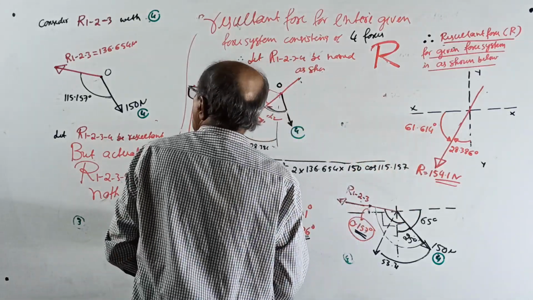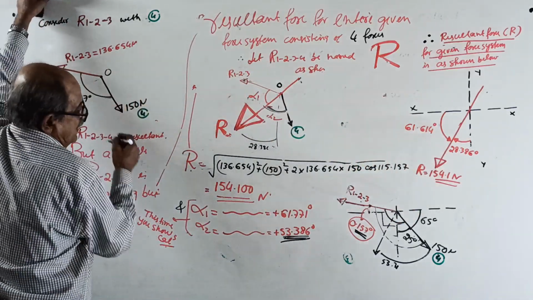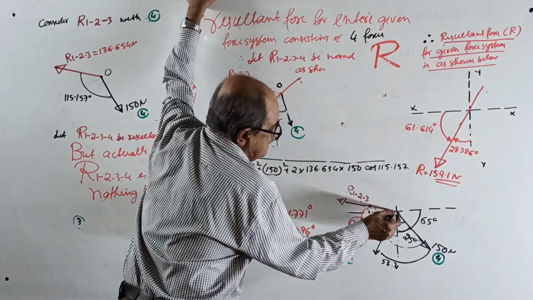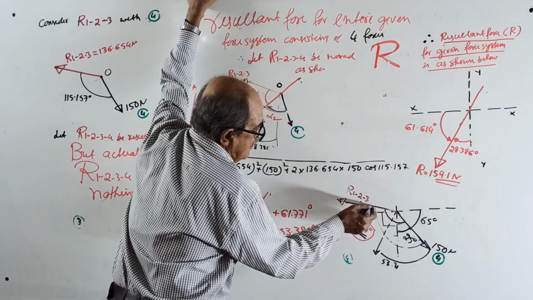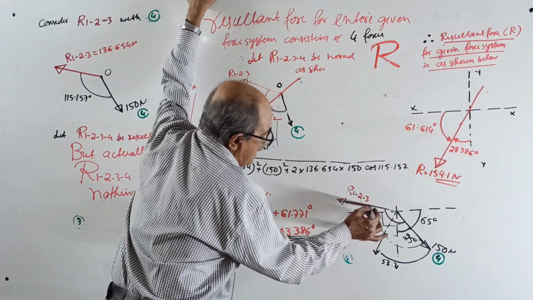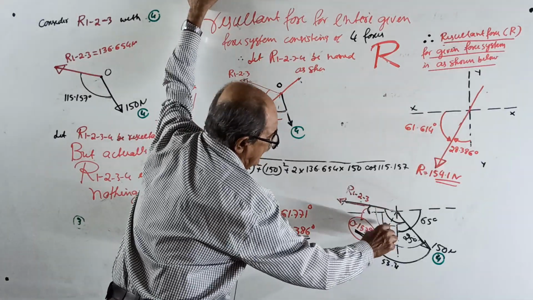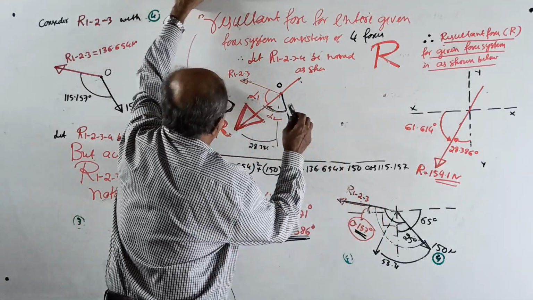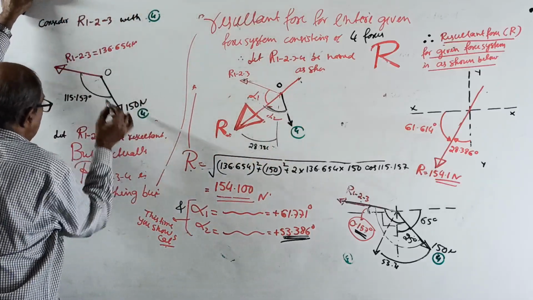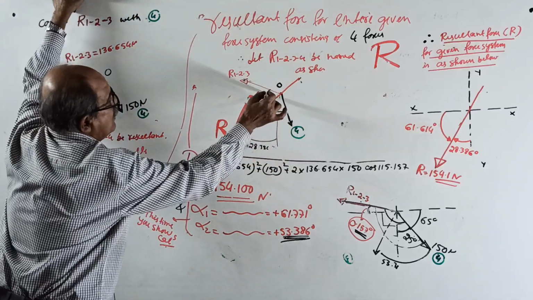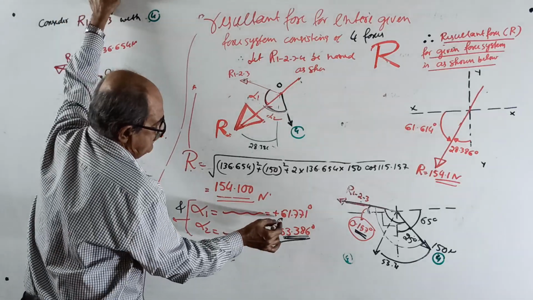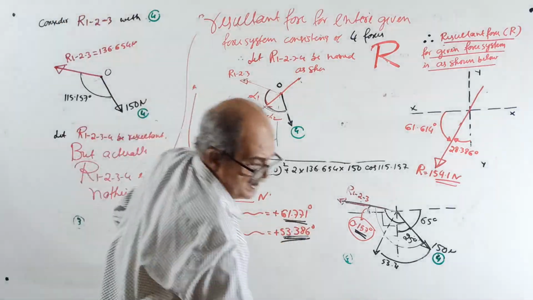Or you can do one thing. See here, one more thing, actually not required. The resultant is making an angle of 0.157 with the xx. But you know that from the resultant to this angle is alpha 1. What is alpha 1? Alpha 1 is 61.771 degrees.